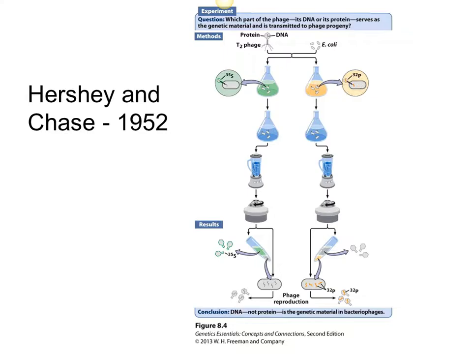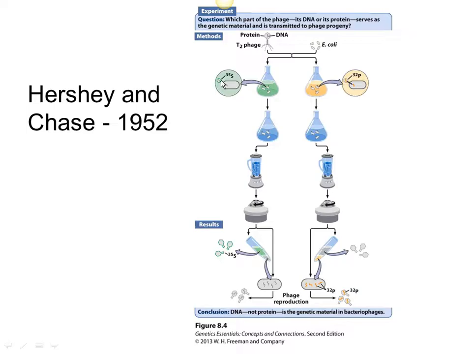Basically they're creating phage that have radioactive proteins, because protein contains sulfur, or phage that contain radioactive chromosomes, because DNA contains phosphorus. And it's really important that the DNA contains the radioactive phosphorus, but DNA doesn't have any sulfur in it. And then the protein contains the radioactive sulfur, but protein doesn't have phosphorus in it.